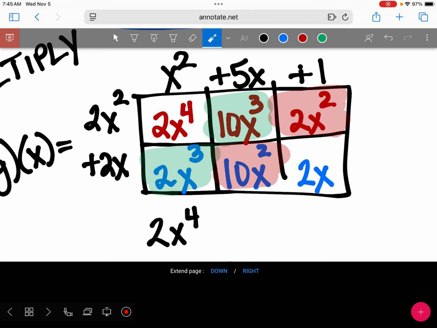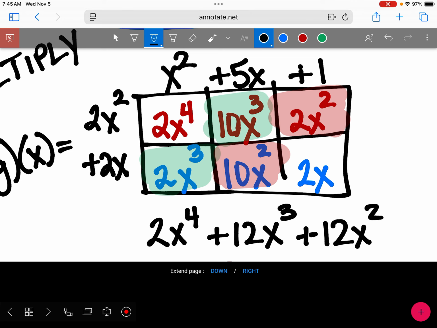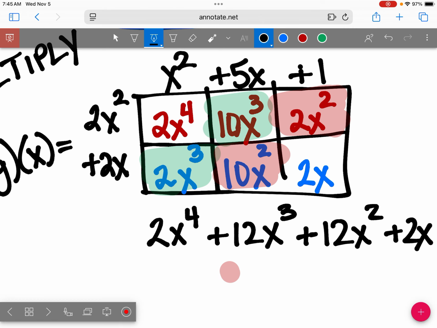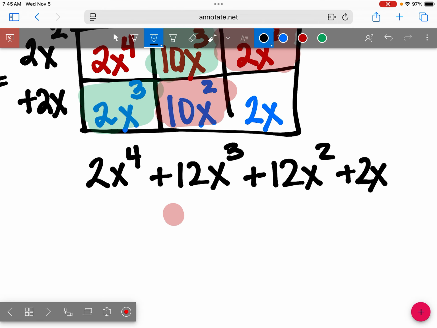What do you get when you add those together? 12x cubed. All right, Otanel, what about when you add these together? 12x squared, good job. And then my last one is just a 2x. Let me go ahead and pull that up so people can see it. And that would be all 3 of my answers.